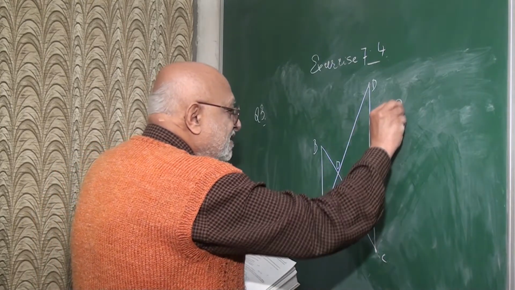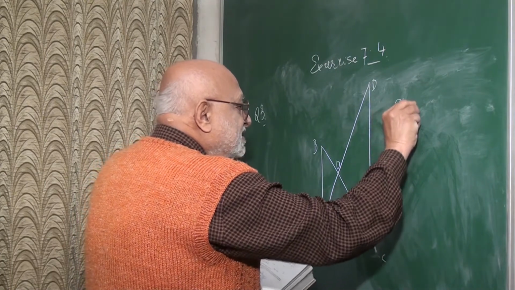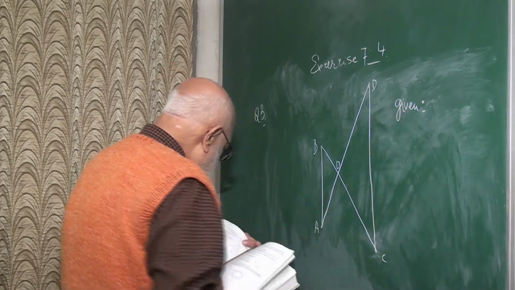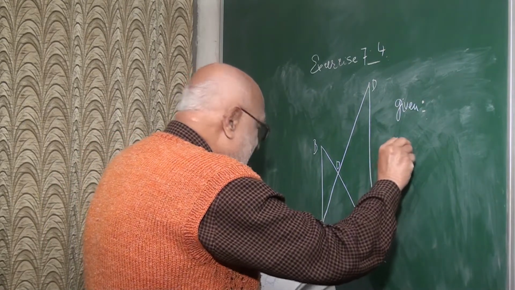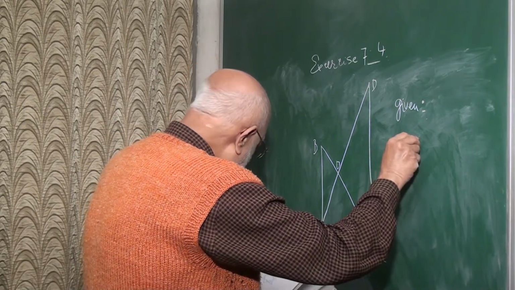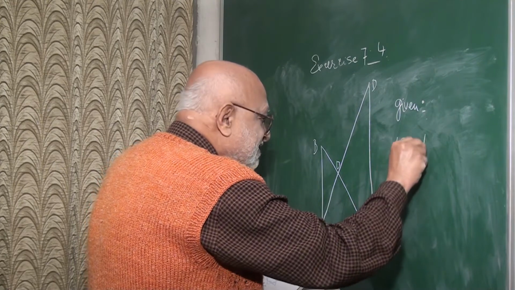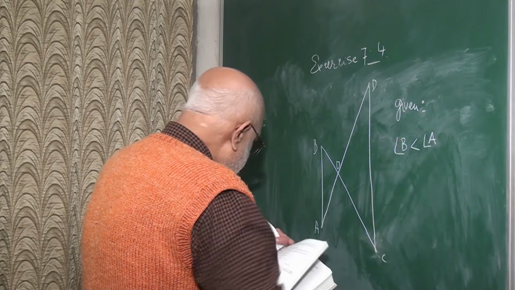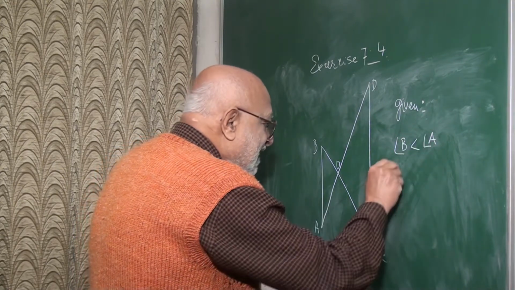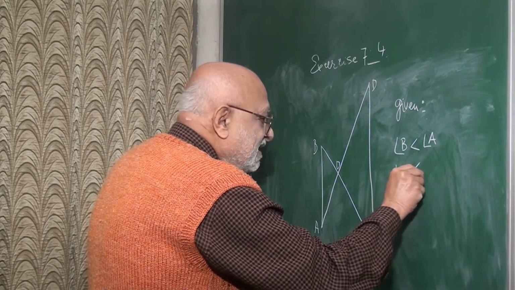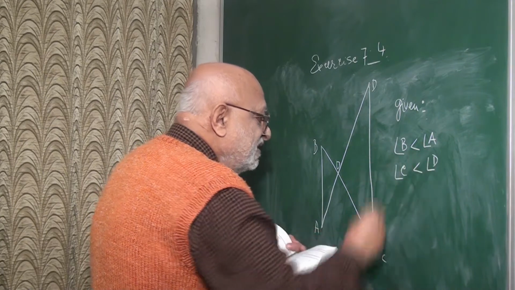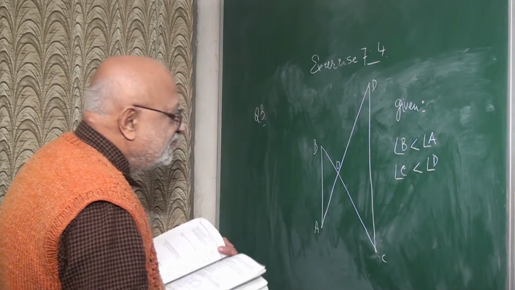This side is our given side. We always write given on this side. So given angle B is less than angle A, be careful, less than. This is 1, and angle C is less than angle D. Otherwise you will get into this kind of a problem.